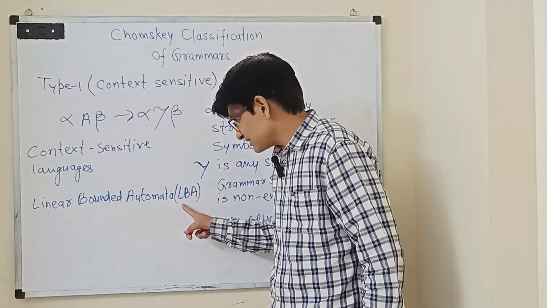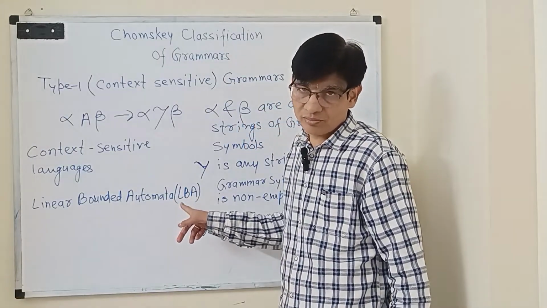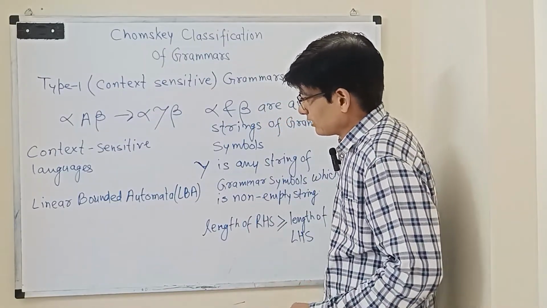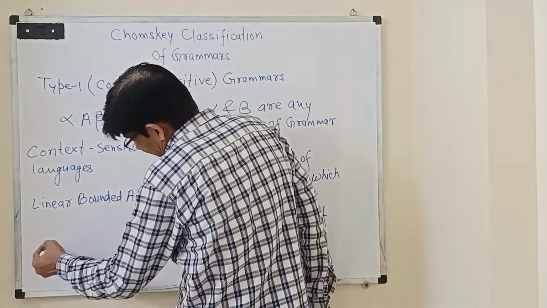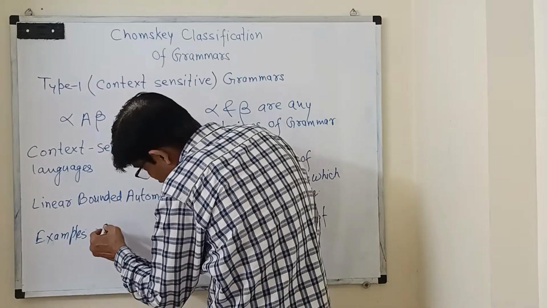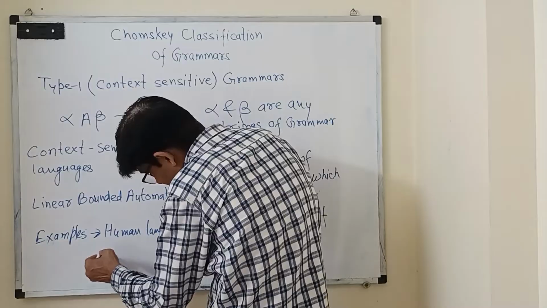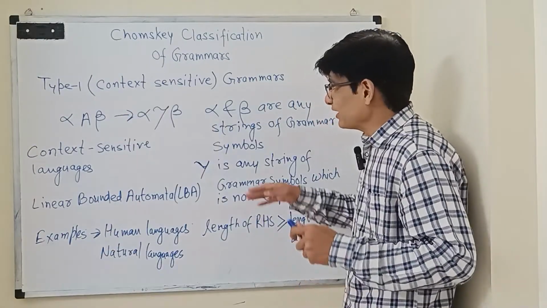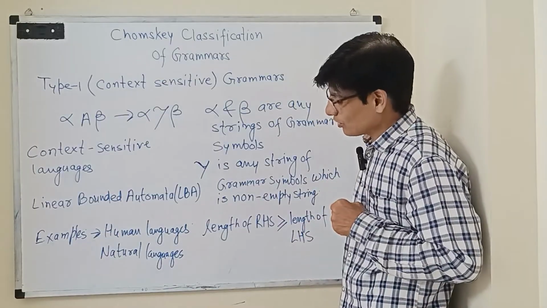So we will not discuss this particular class of mathematical model in this lecture series. The examples of such languages are all human languages or natural languages, you can say. I hope it is clear to all of you.